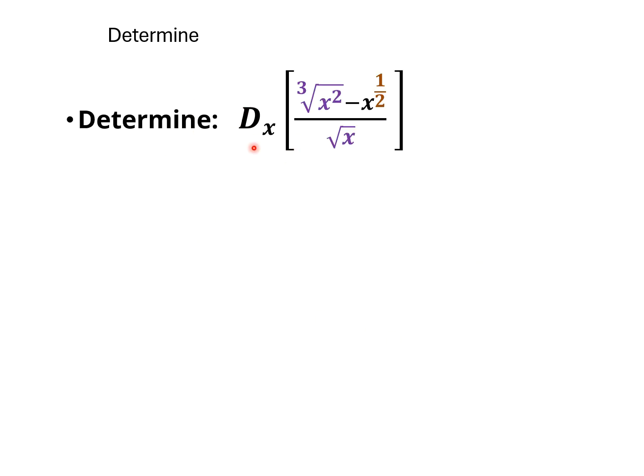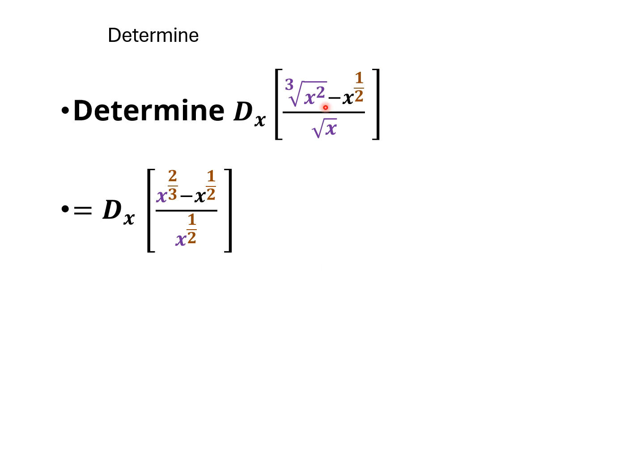Differentiate, if given the cube root of x squared minus x to the half, divided by the square root of x. Now remember, I'm not allowed to have a denominator, and at the same time I must first write my surds as rational exponents.